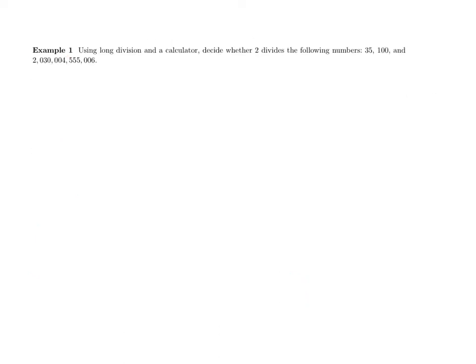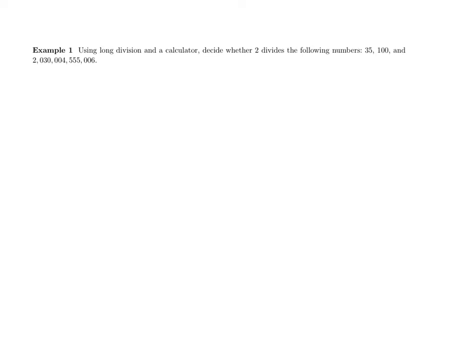In example 1, let's use long division and also a calculator to decide whether 2 divides into 35, 100, and 2,030,004,555,006. I'll start with 35. So does 2 divide 35?